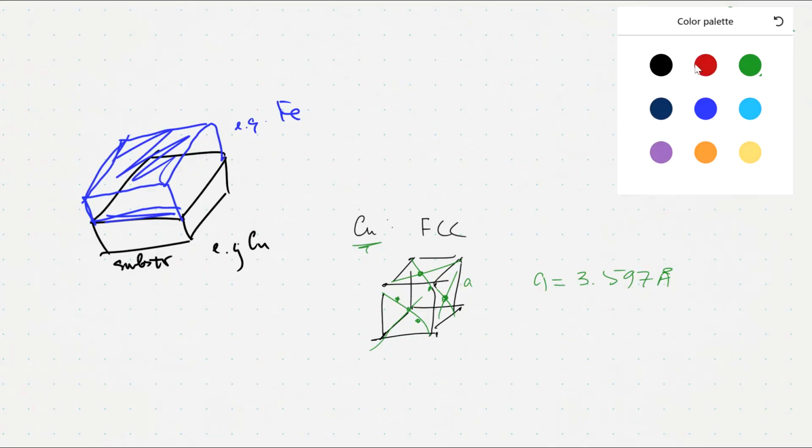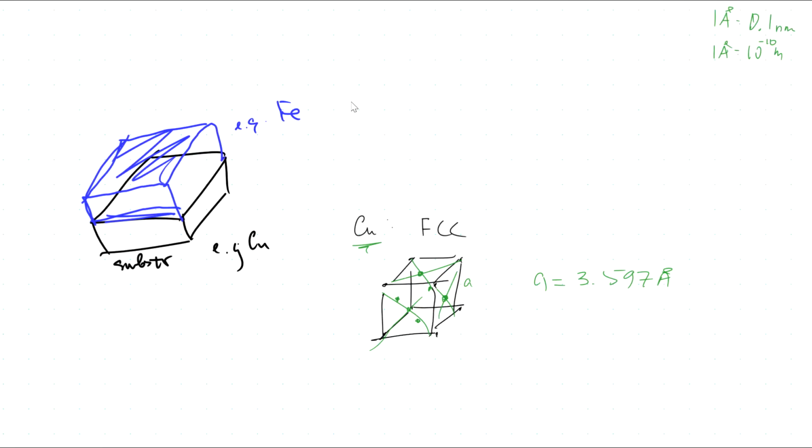Now, if you look at iron, then for iron, that would be BCC. BCC is body-centered cubic. This is face-centered, this is body-centered cubic. And for body-centered, basically you have these atoms. It's also cubic.